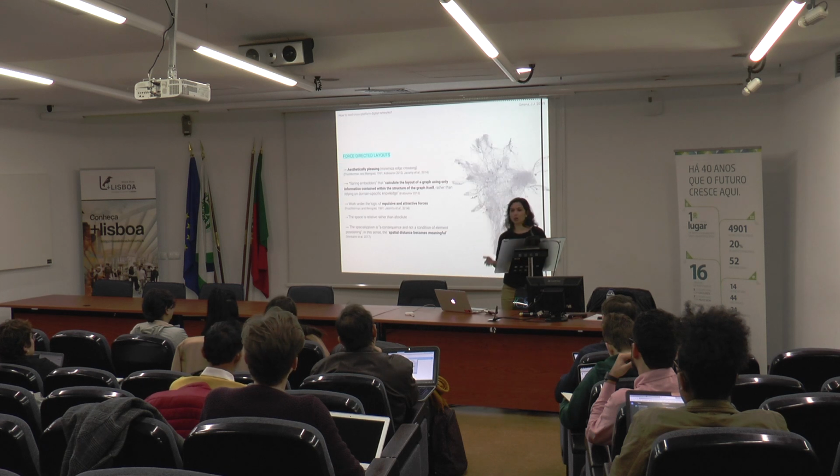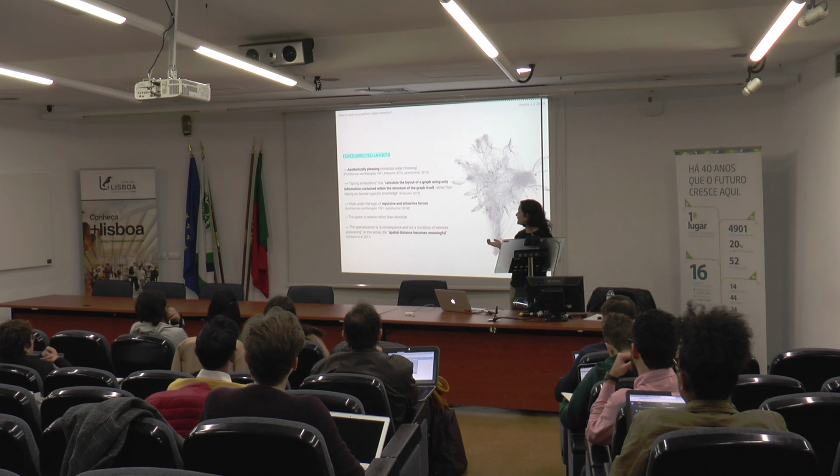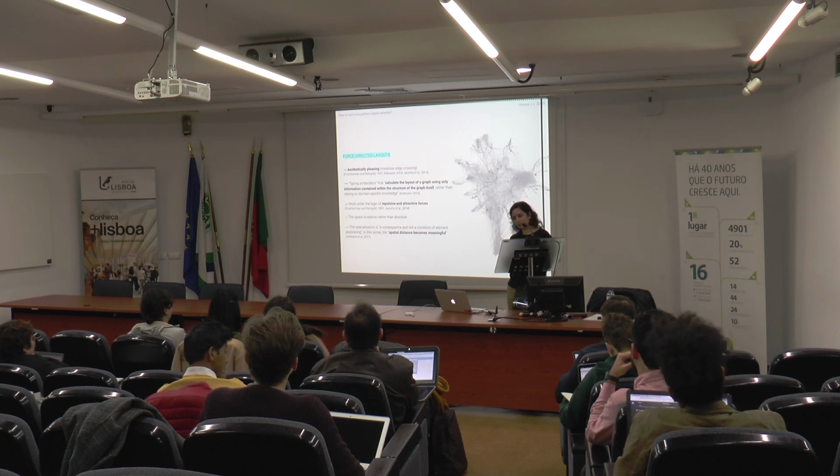So just a quick note about force-directed layouts. They are aesthetically pleasing because they minimize edge crossing, and they calculate just from the information in the structure of the graph, not relying on domain-specific knowledge.